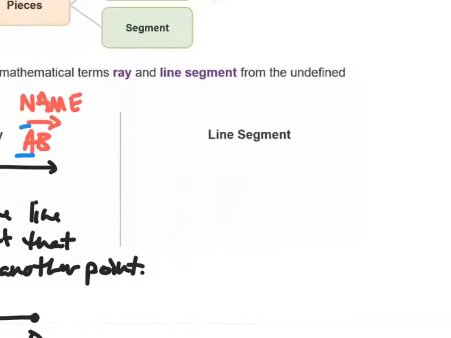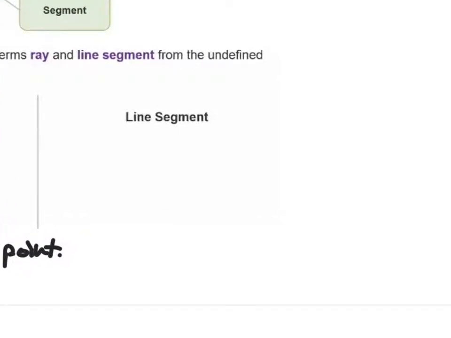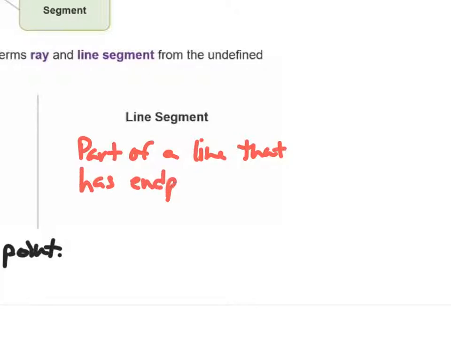The next one is a line segment. A line segment is part of a line that has two endpoints. For an example, I would draw a line segment with dots on the ends, and call it line segment GH.